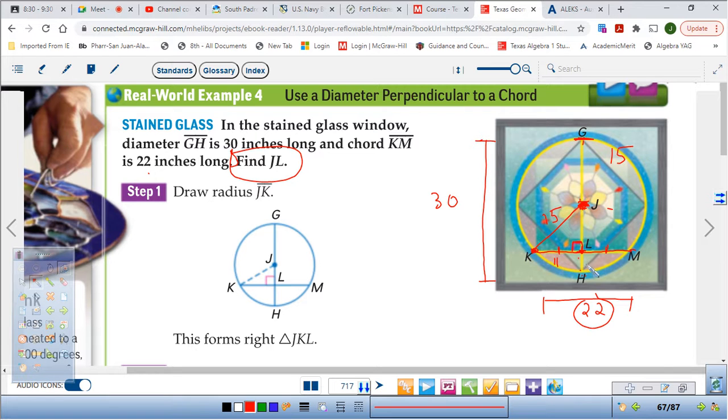Does that make sense? Can you see it there? So here's my right triangle right here, up and down. Here to here is 15. Here to here is 11. Right angle here. And the question's asking from here to here, from J to L, what is that measurement? Look what I have here.